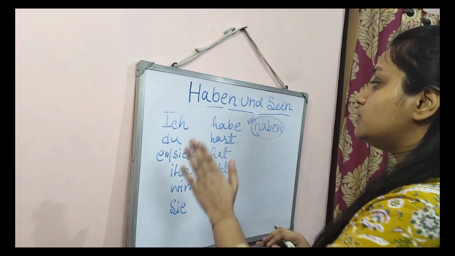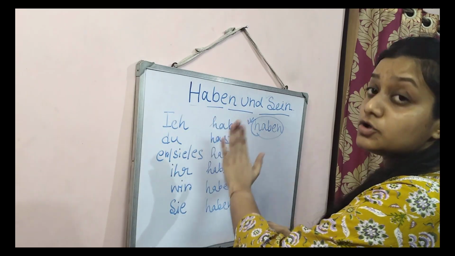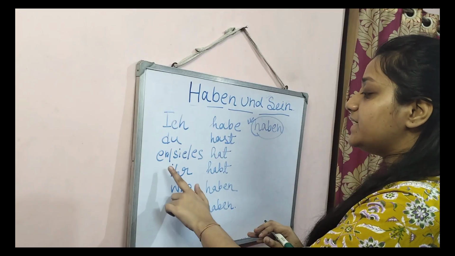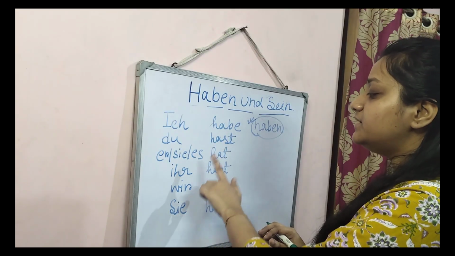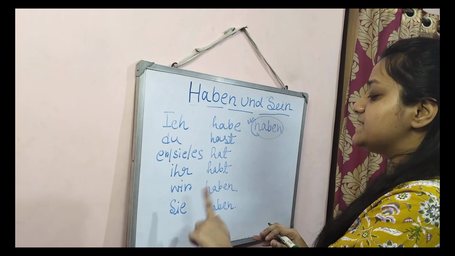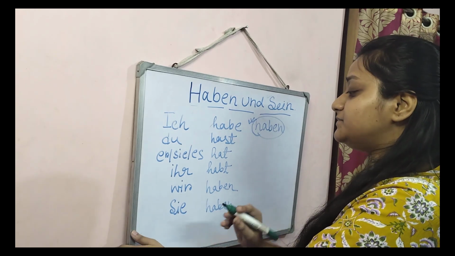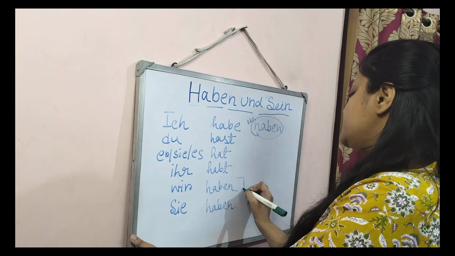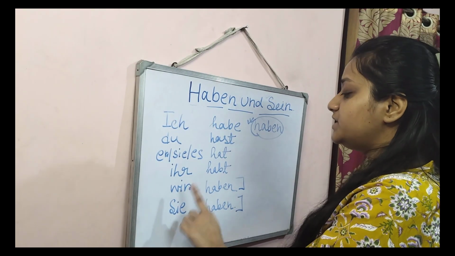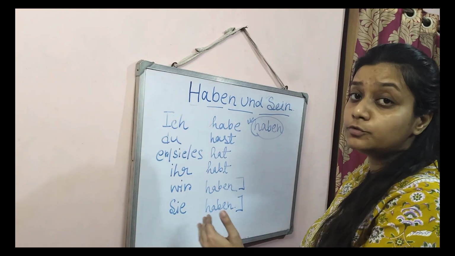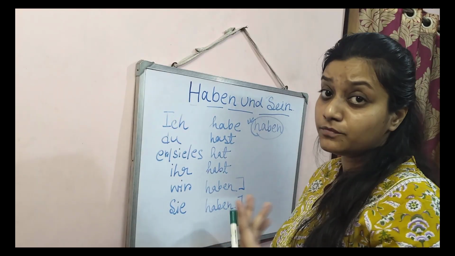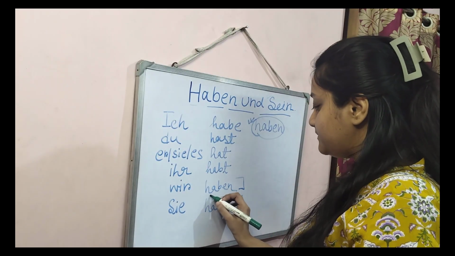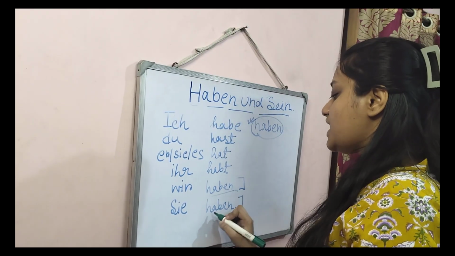First, now see the conjugation. Ich habe, du hast, er, sie, es hat, ihr habt, wir haben, sie haben. Let me show you one thing: wir and sie are plural forms, in English we and they, and the conjugation remains the same, haben.